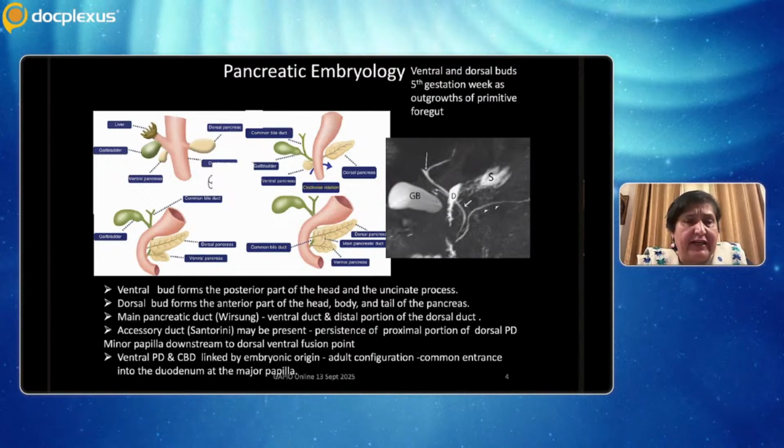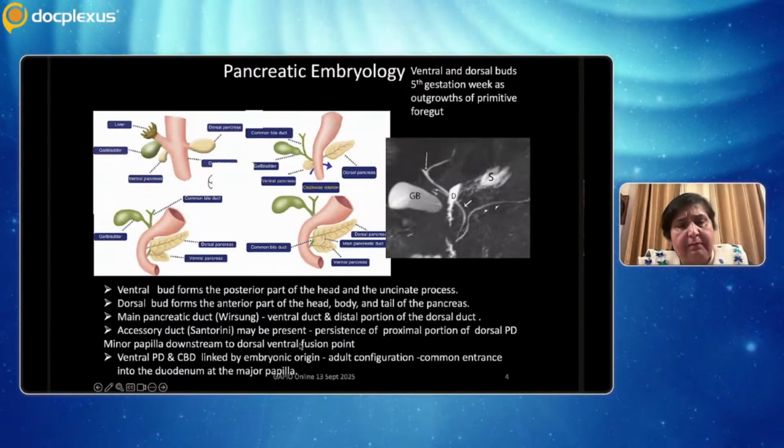The main pancreatic duct, that is the duct of Wirsung, is the ventral duct and the distal portion of the dorsal duct. So that is the duct of Wirsung, which is the main pancreatic duct. And the accessory duct is the duct of Santorini, which may be present. It is the persistence of the proximal portion of the dorsal pancreatic duct. The minor papillae is downstream to the dorsal ventral fusion point.